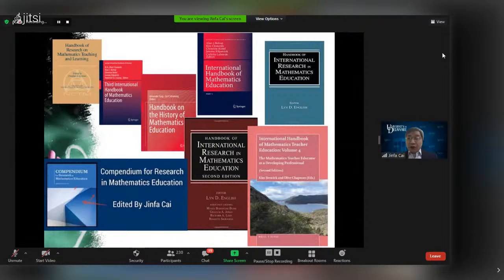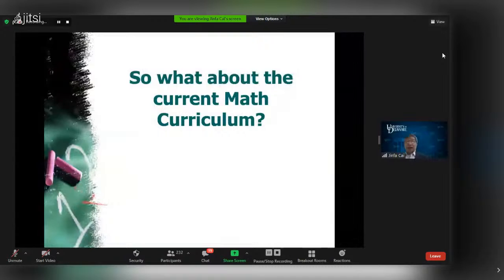The point I'm trying to make is this: even though we started this research area, a lot more work needs to be done so that we could accumulate knowledge so that research handbooks will include a separate chapter. Okay, so this is a brief history about the problem posing research.